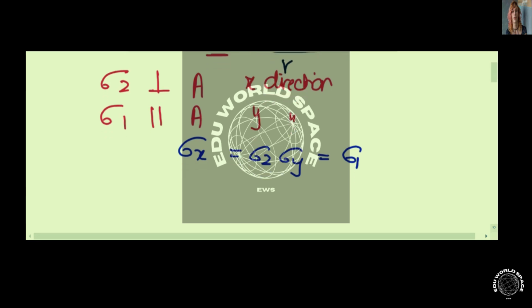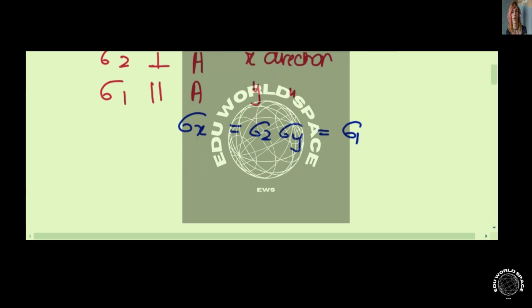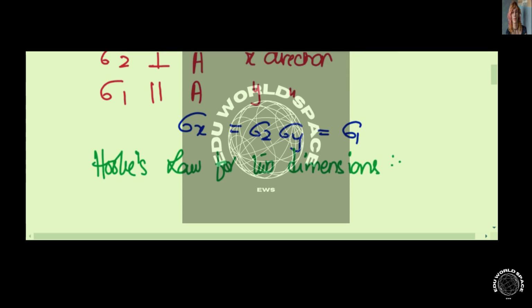Now we are going to use Hooke's law for two dimensions, and we can find a relationship between the stress and the strain. The equation for the strain is 1 divided by E, and we know this equation, we have used it a million times.